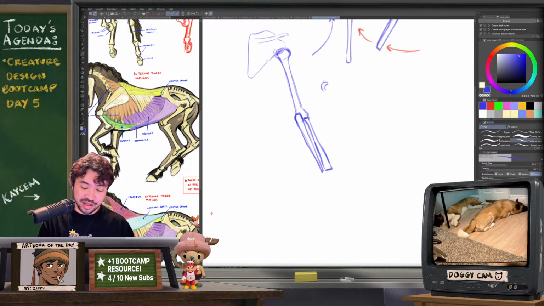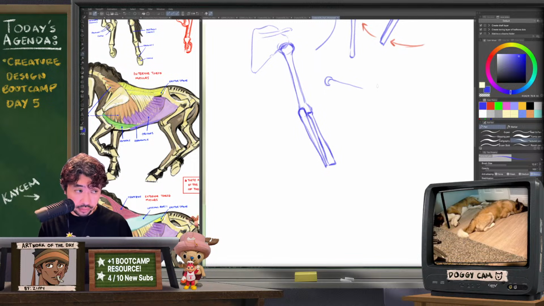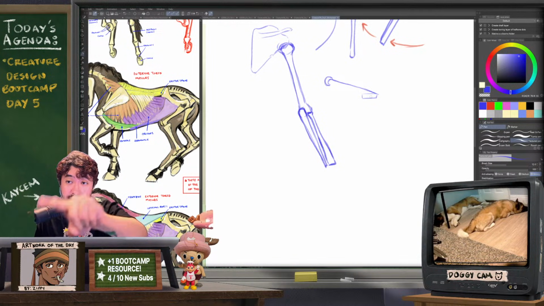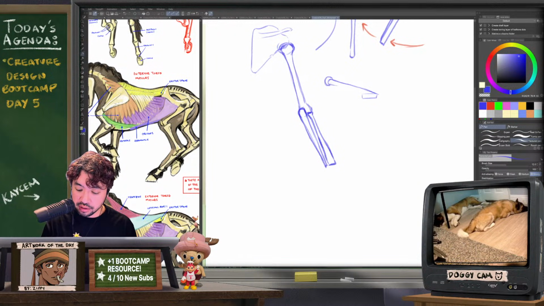The reason we're talking about radius is that this bone serves a similar functionality: it rotates, circular motion. It allows for rotation of the forearm.